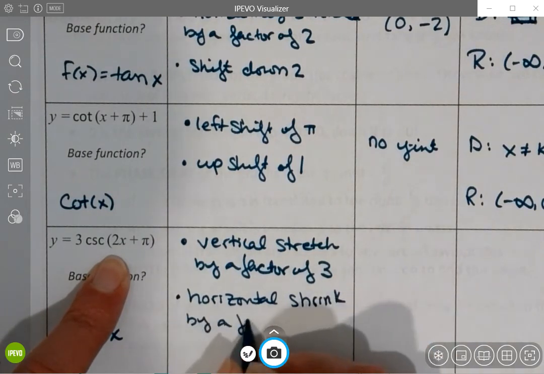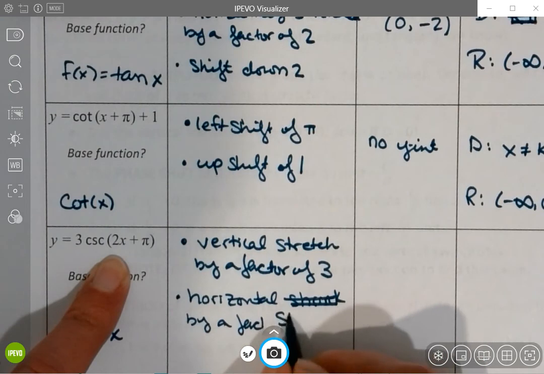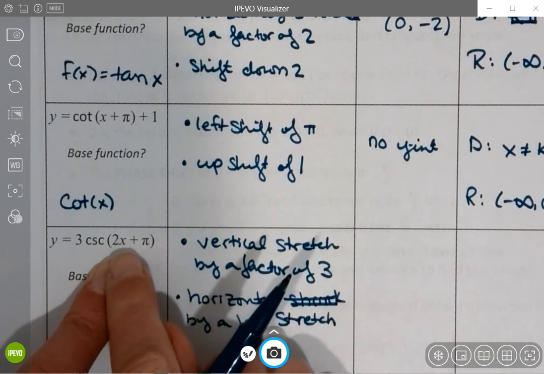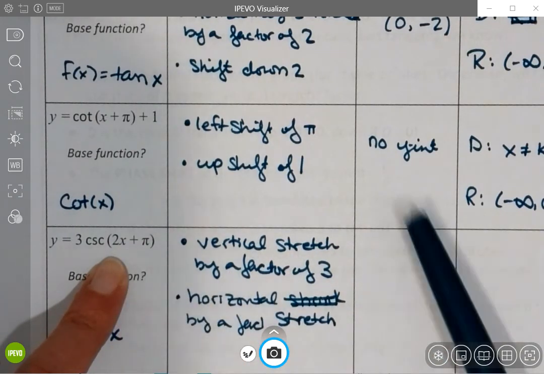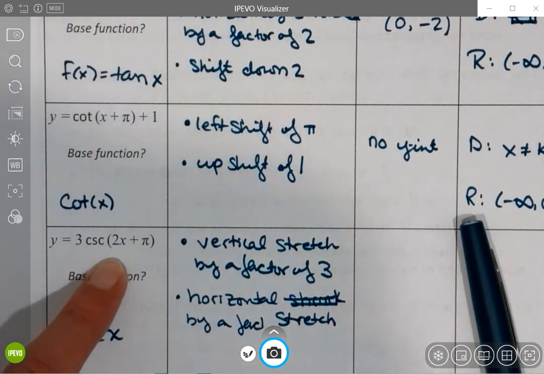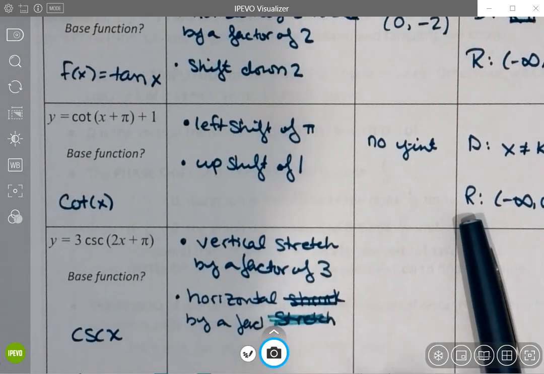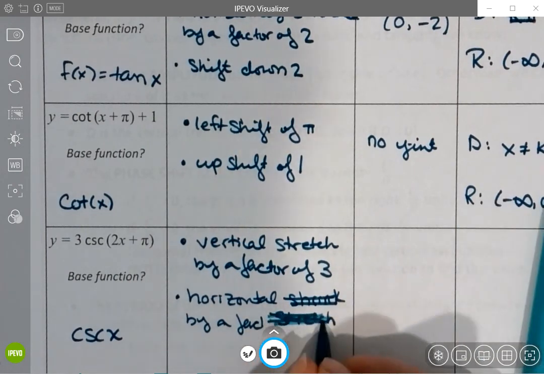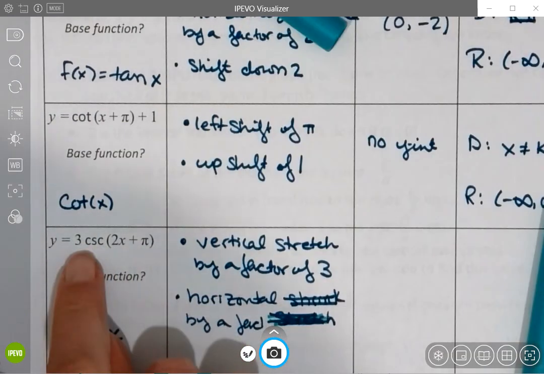By a factor of, it's a shrink, I apologize, it's a stretch, it's a stretch, because as a horizontal, getting myself backwards, back to the first time. Sorry if I'm confusing you guys. I really need to focus on this right here. It's not a stretch. I was right the first time. Goodness. All right. I just did a vertical stretch. This is a vertical stretch because it's larger than 1.